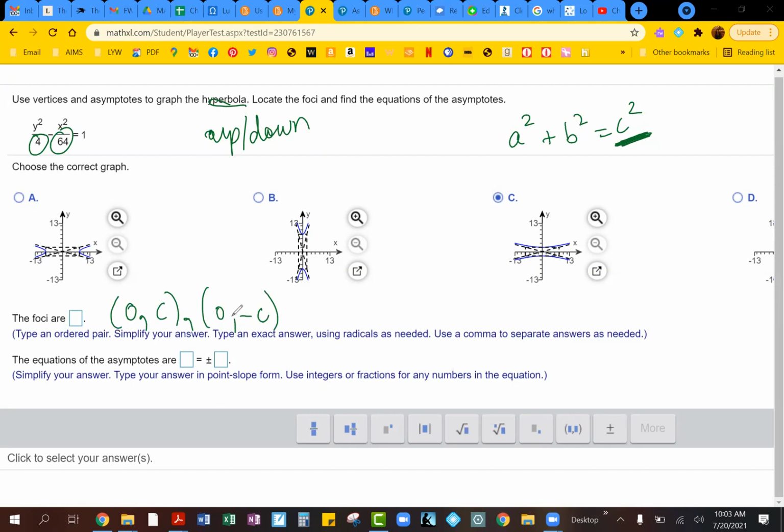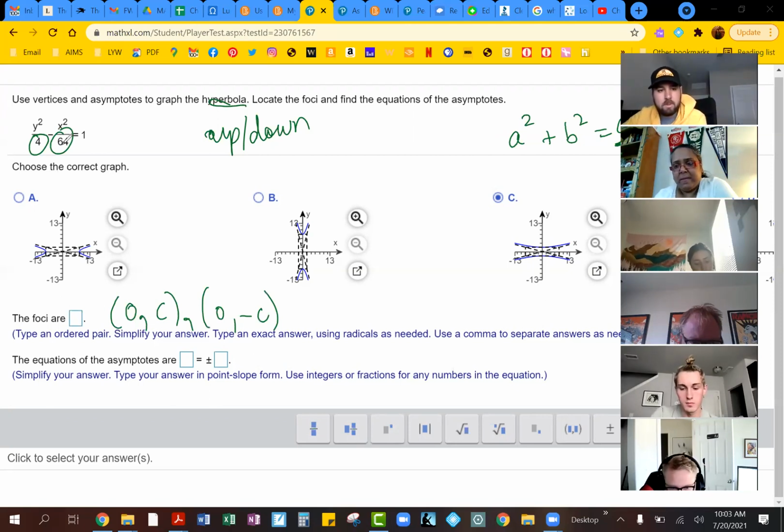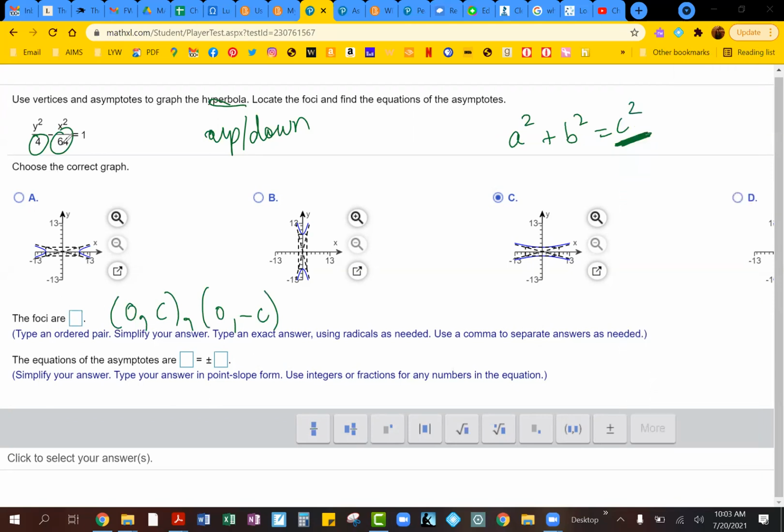So can you tell me what our C value should come out to be when you do the little equation here, a squared plus b squared equals c squared? It doesn't look like it's going to be an integer or whole number, because when you're adding 64 plus 4, that's going to add up to 68, which is not a perfect square number.